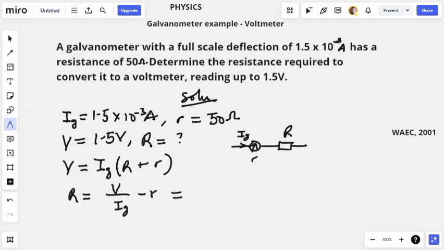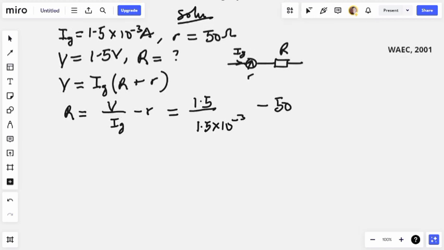So if we substitute into that, voltmeter reading is 1.5 divided by the galvanometer current, which is 1.5 times 10 raised to power minus 3, then minus small r. Small r is 50.